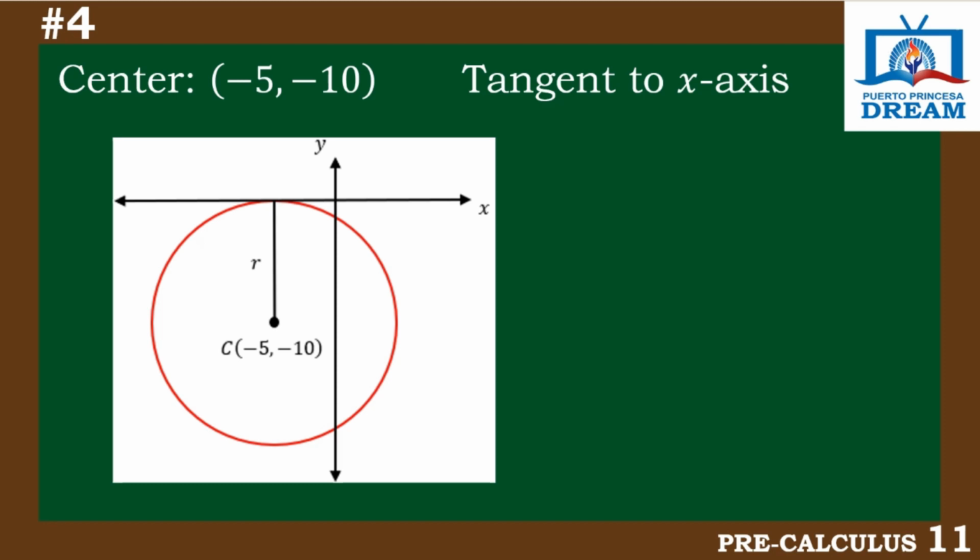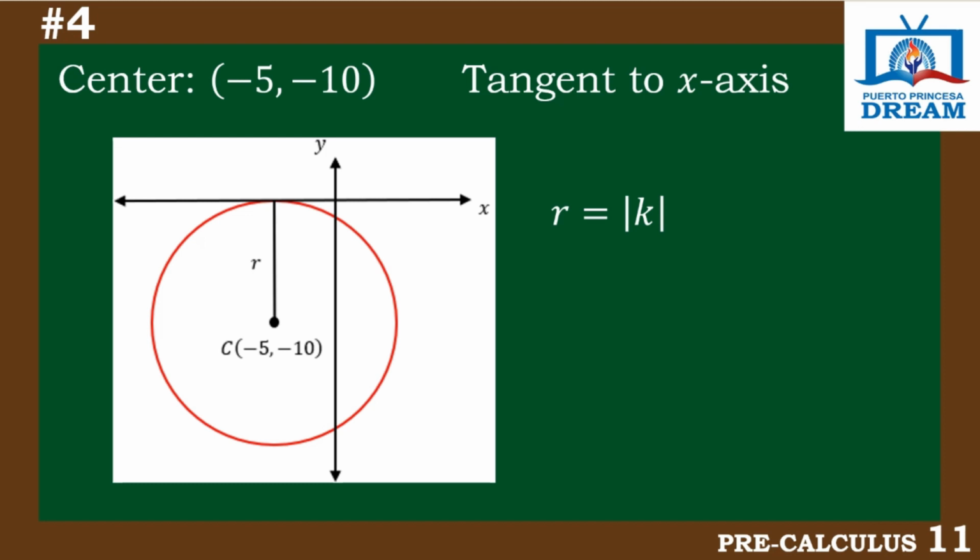We can observe here that the length of the radius can be measured as the distance from the x-axis going to the center of the circle. From this figure, that is 10 units downward, or -10. And since -10 is represented by the variable k of the center, h, k, the radius, r, can be solved as the absolute value of k.